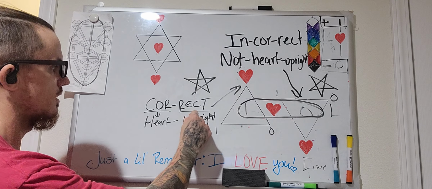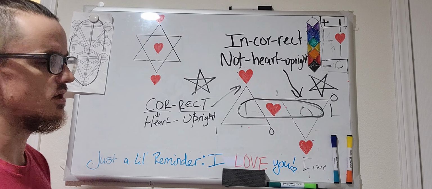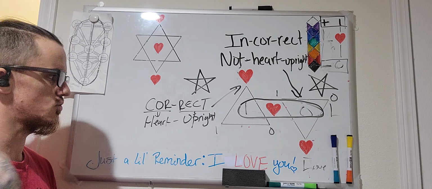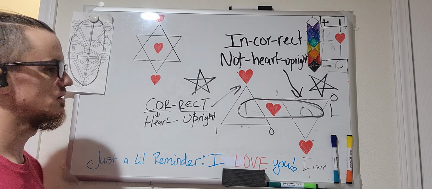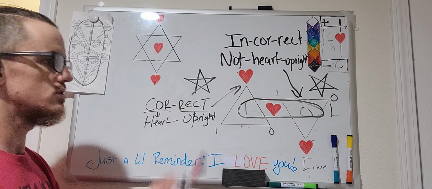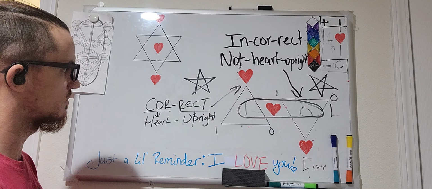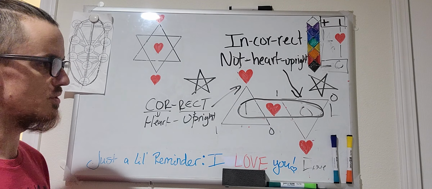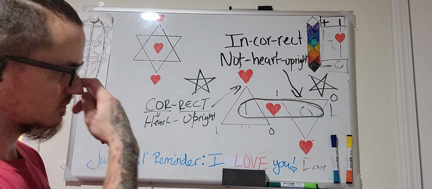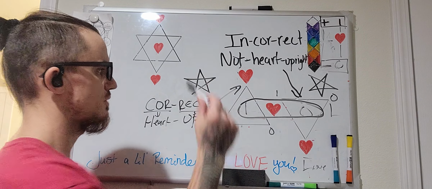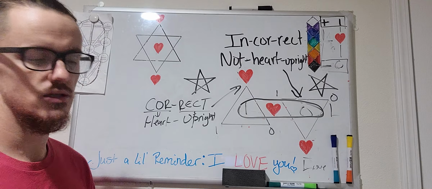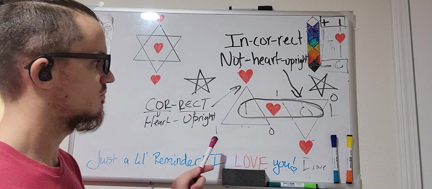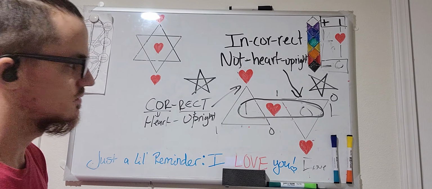Rect, I didn't do much digging as to the etymology on that, but upright, right? So to erect something is to build, to establish. Upright, you're building, kind of like the pyramid. To erect a pyramid is to build a pyramid.